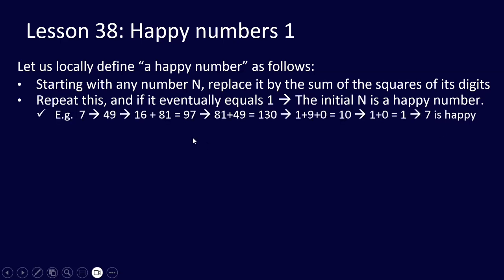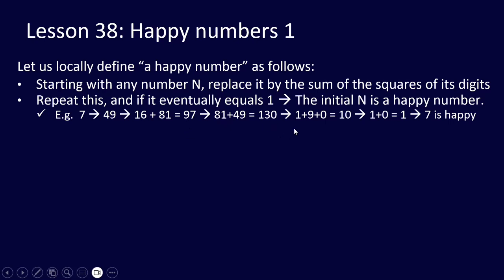For example, if we start from 7, 7 squared is 49, and then square each digit: 4 squared plus 9 squared, meaning 16 plus 81 equals 97. Then 9 squared plus 7 squared, so 81 plus 49, the sum is 130.